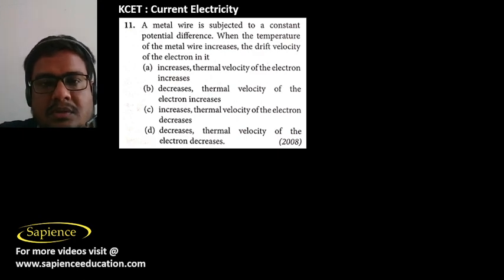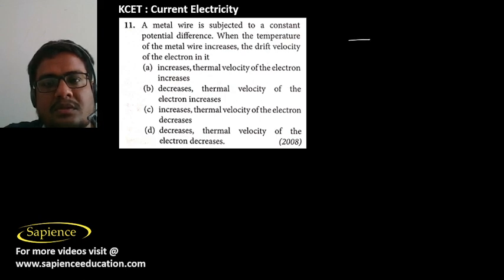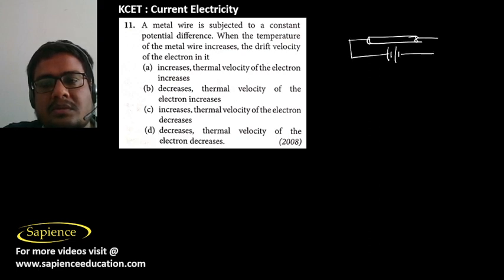In question number 11, it is told a metal wire is subjected to a constant potential difference. When the temperature of the wire increases, the drift velocity of the electron in it, okay. One metallic wire is there, subjected to a constant potential difference. So it is a DC voltage source or a DC battery.